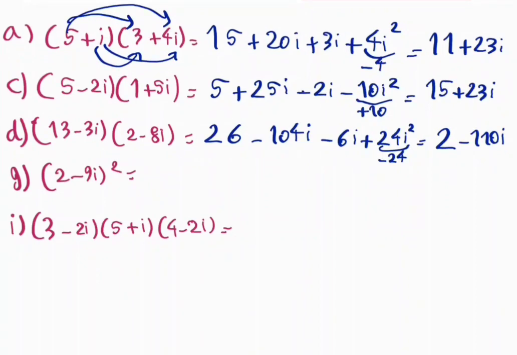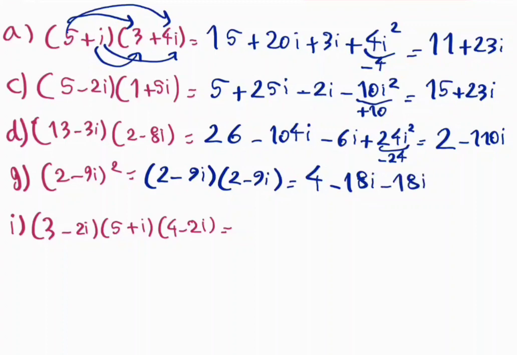G. 2 minus 9i squared. So this is the same as 2 minus 9i times 2 minus 9i, and the rest is the same. So 2 times 2 is 4, 2 times minus 9i is minus 18i, minus 9i times 2 is again minus 18i, minus 9i times minus 9i is positive 81i squared, and we get minus 81 here because i squared is minus 1.